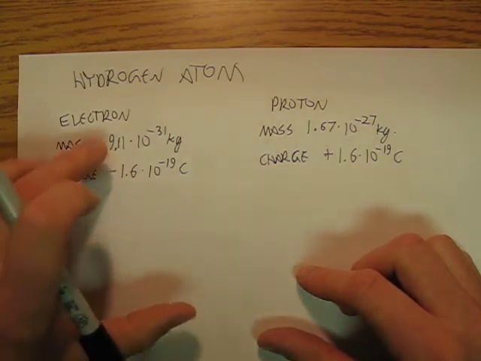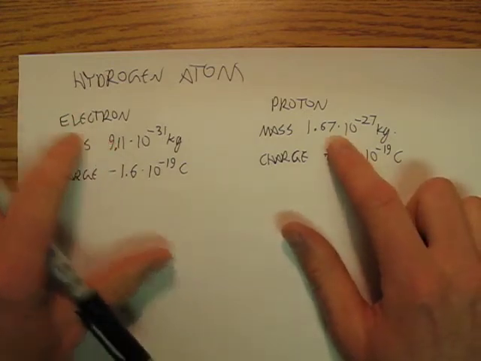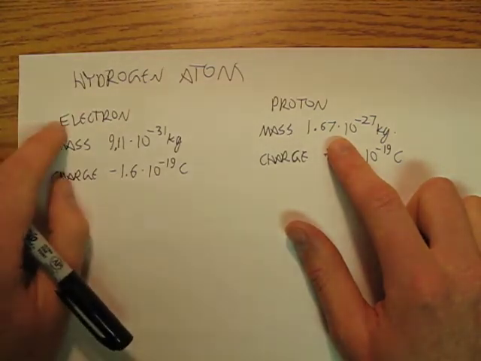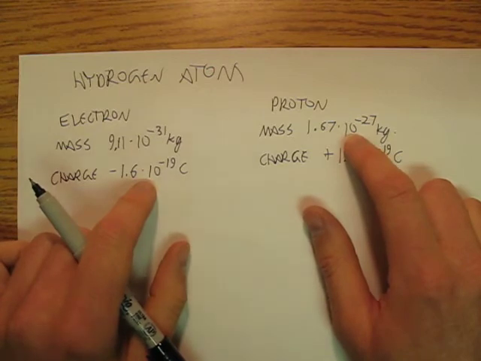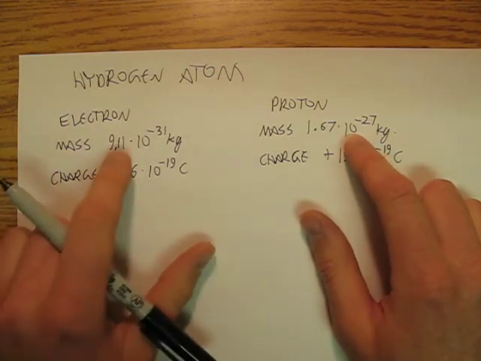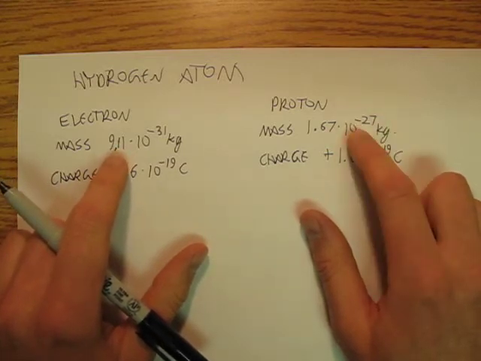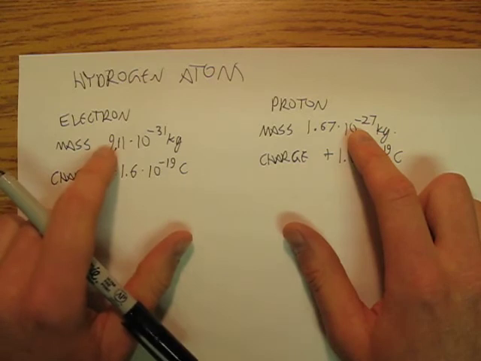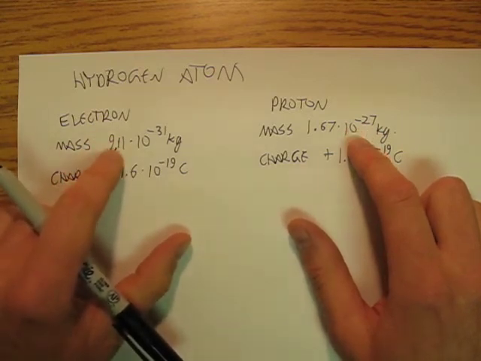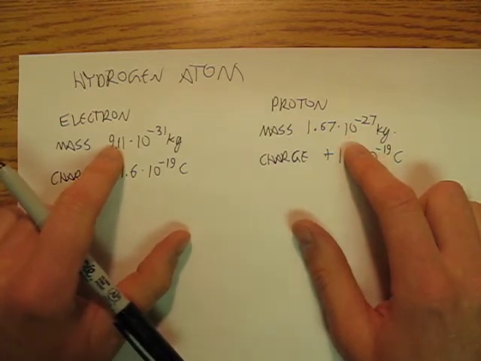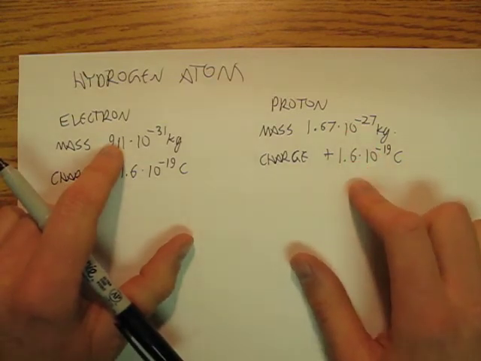And so because of F equals ma, if you look at the force between an electron and a proton, well, this one is 4 orders of magnitude more massive than the electron, and so it's going to have 4 orders of magnitude less acceleration. So basically the same force, this one's going to have, roughly speaking, somewhere around 5,000 times the acceleration.